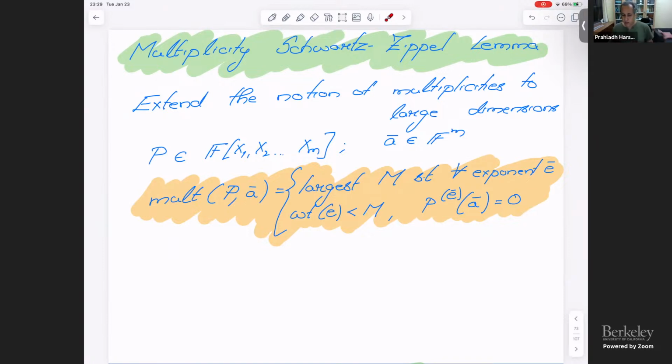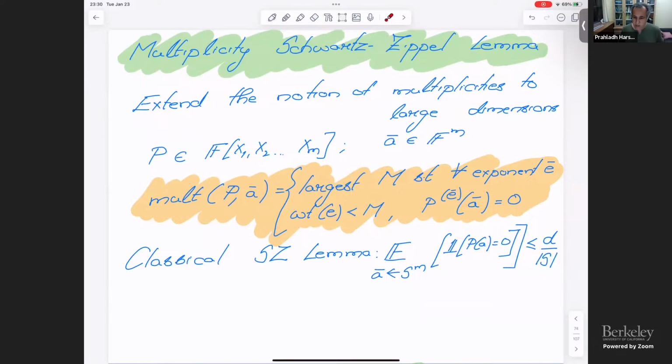It's the largest M such that for all exponent vectors, all Hasse derivatives whose order is less than M, the corresponding Hasse derivative is 0. So it's the largest M for which this is true. For the 0 polynomial, M is infinity, in which case you define mult P of A to be infinity. For everything else, this will be a fixed number. It's the largest M such that all Hasse derivatives of order below M vanish at this point A. Then this is the multiplicity.